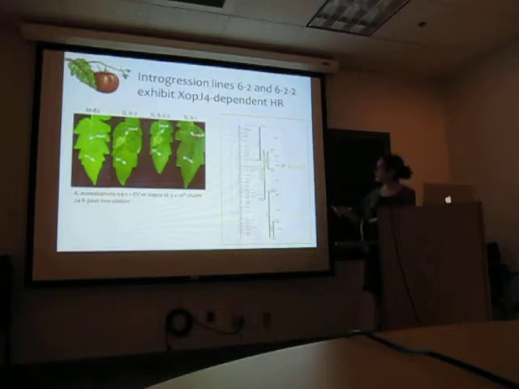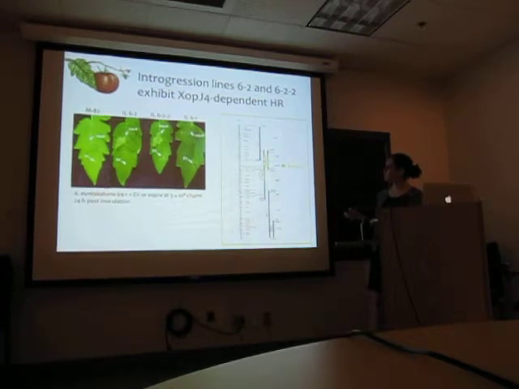That showed us that the locus was here on chromosome 6. Sorry, it's a bit fuzzy. Then there was a sub-introgression line called 622, and that also showed the HR, so that narrowed it down quite a bit. And 6.1, which overlaps with those, was susceptible. That showed us the locus was here, and this is around 8 centimorgans.